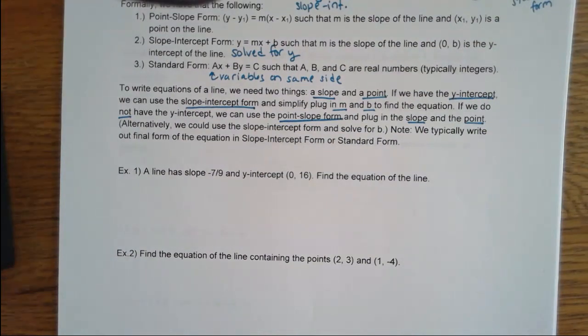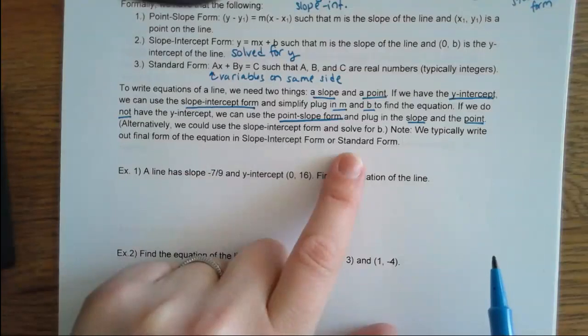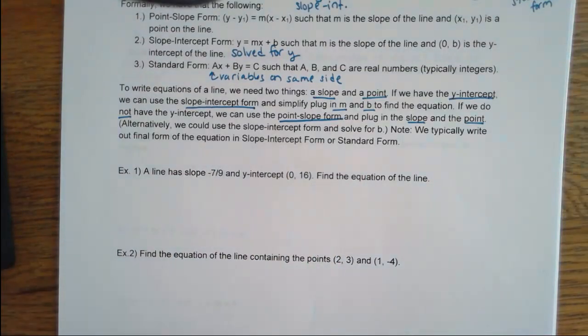We typically do write our final answer in slope-intercept form or standard form. Those tend to be the most common, but make sure you read. There are some questions where they may ask you to leave your answer as point-slope form, or they may ask you to simplify to slope-intercept or standard. So you want to read your questions really carefully in the section and make sure you're writing your final answer in the form that they're looking for.